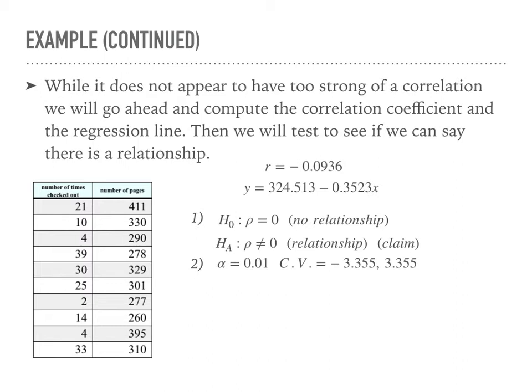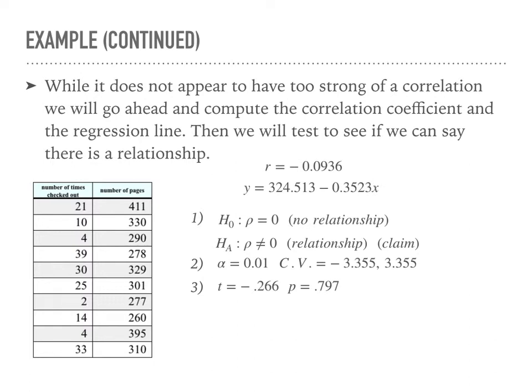Alpha equals 0.01, we're using the student t-distribution, hence the Lin-Reg t-test, and we have negative 3.355 for our left critical value, and 3.355 for our right critical value. Our test value ends up being negative 0.266, and our p-value is 0.797.